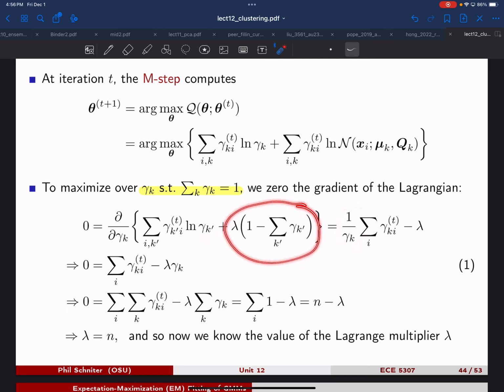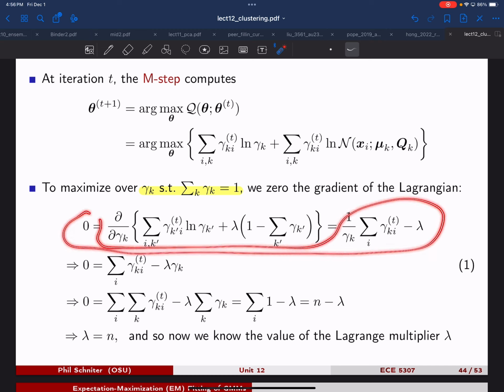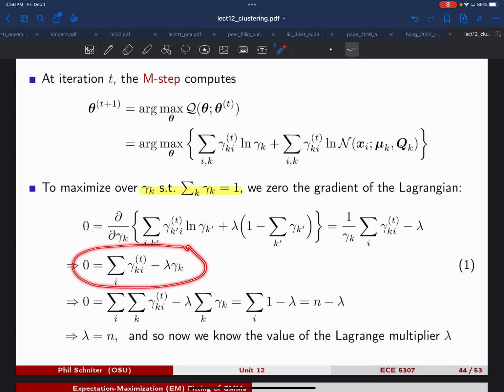Then over here, take the derivative with respect to gamma k again. All but one term in the sum disappears, and it's just going to give us a derivative of 1 times lambda, which is this. Okay, so we can rearrange this by multiplying both sides by gamma k, and we get this relationship here.